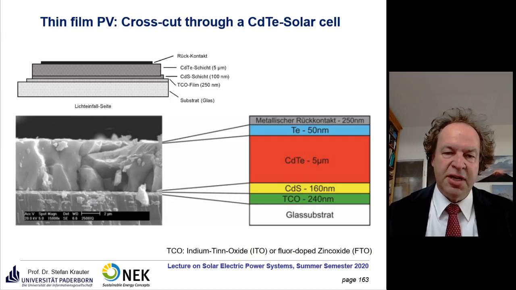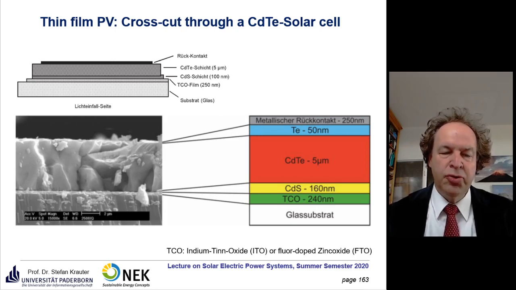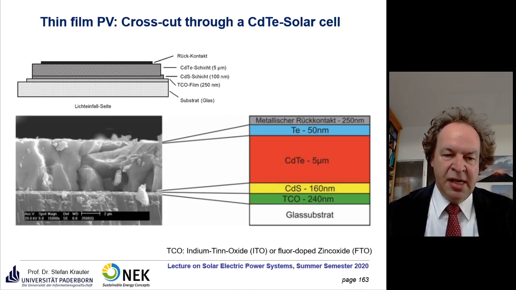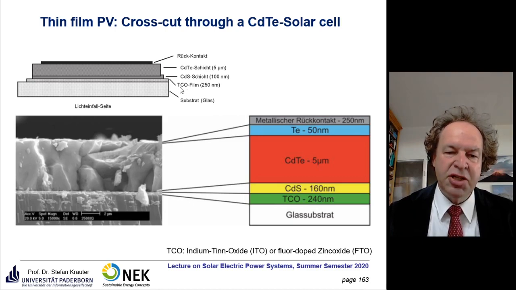Here you see a cross-cut of such a cadmium telluride solar cell or solar module. Due to the thin film technology, it's kind of integrated. The cells cannot be separated from the module. Here is the setup. This is where the light comes in. This is glass, and then you have a TCO film, which means transparent conductive oxide.